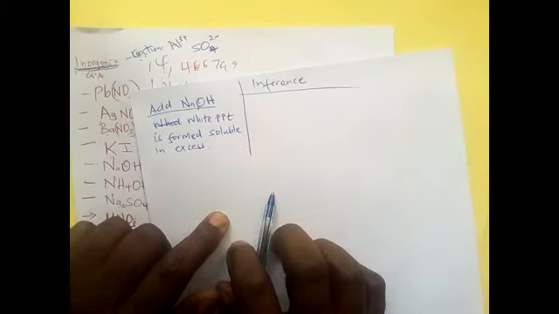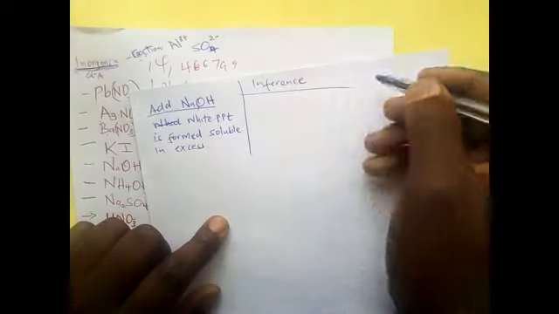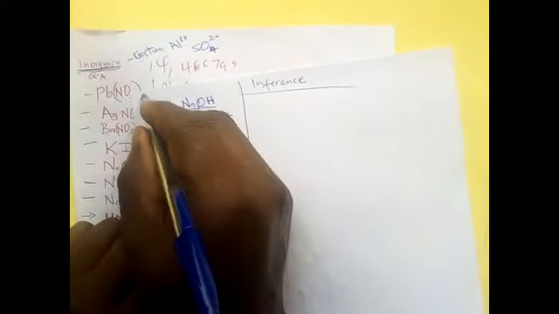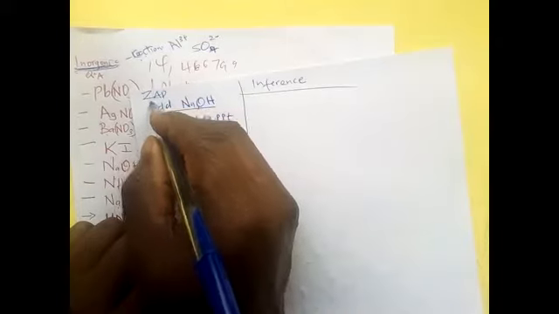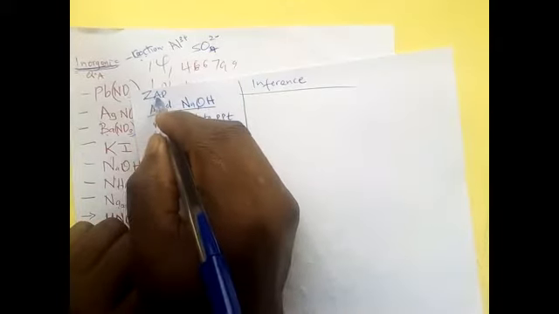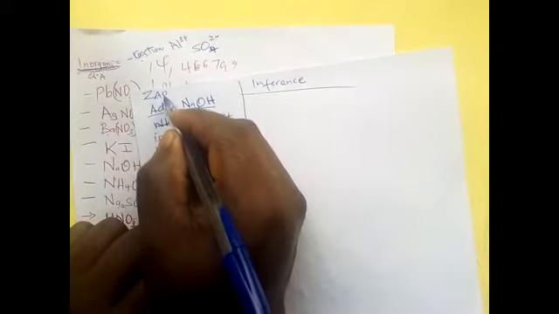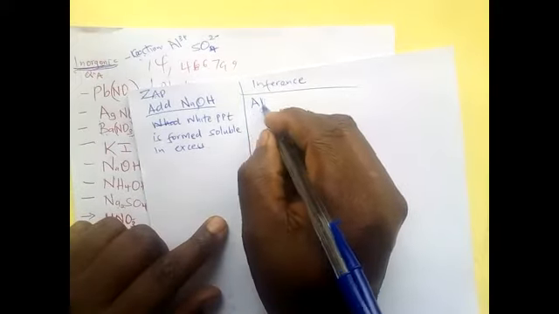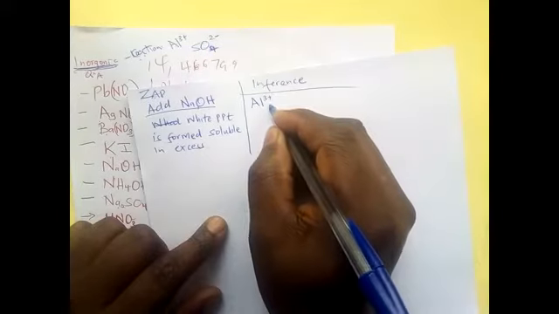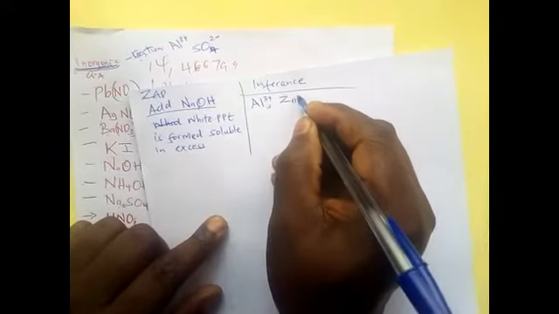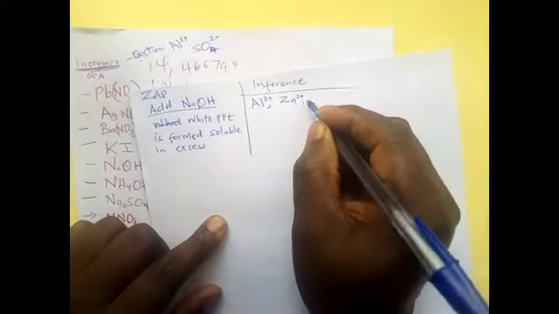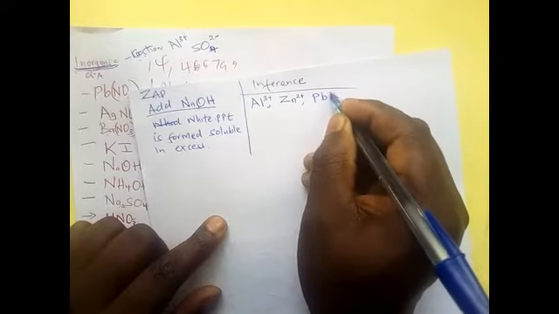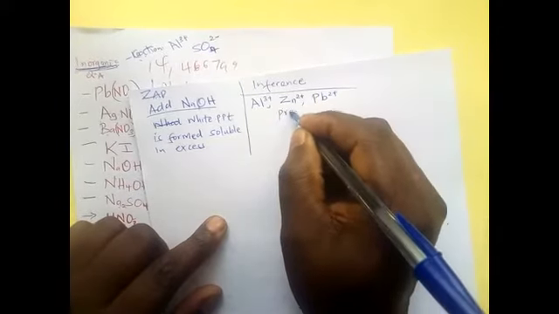The amphoteric, we have 3 of them. That is a word we use, ZAP, meaning the zinc ions, aluminium ions, and lead ions. Therefore, it means that aluminium, zinc, and lead are present.